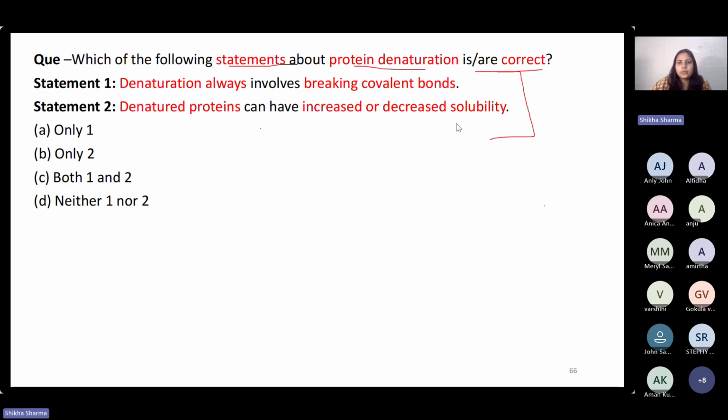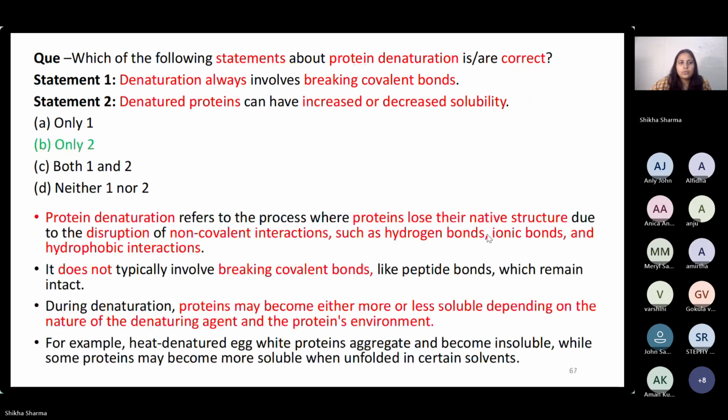B is correct. Okay, only two. So you guys are correct.